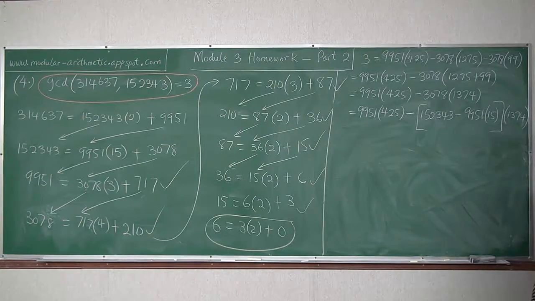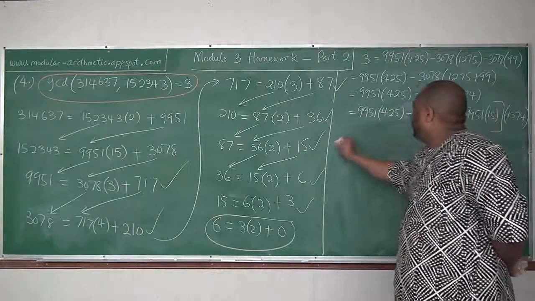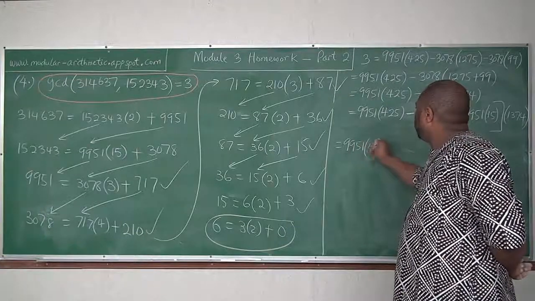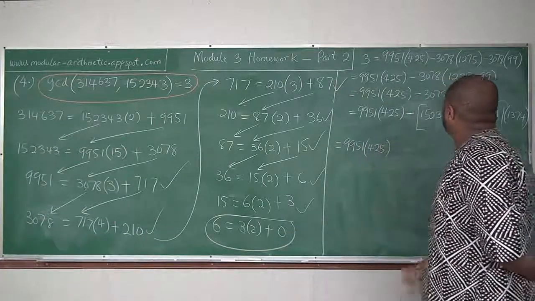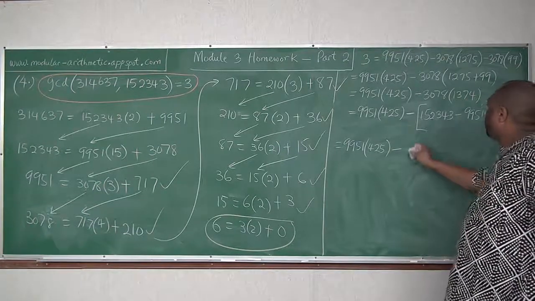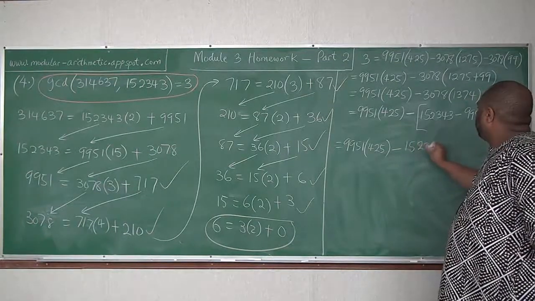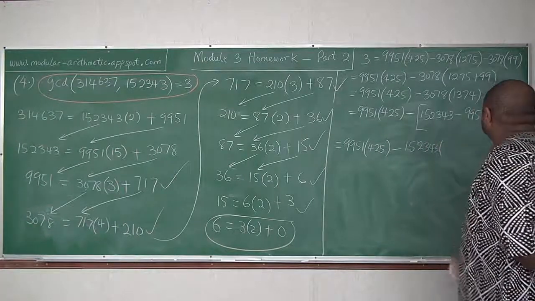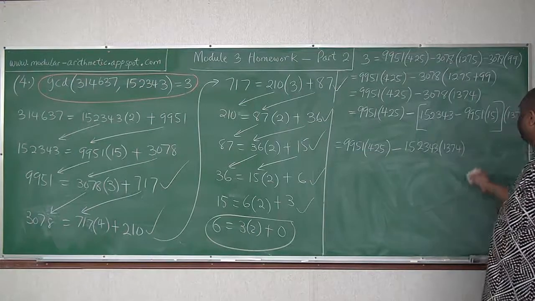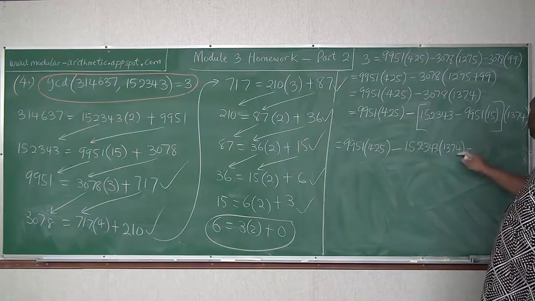Okay, so this will be 9951 times 425 minus, we distribute 152343 times 1374 minus plus.